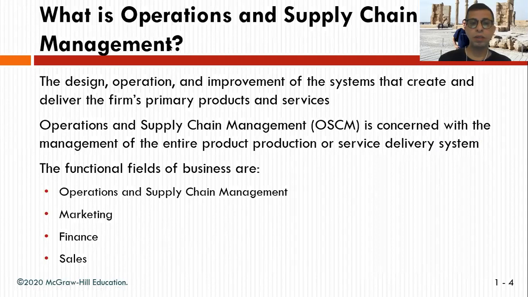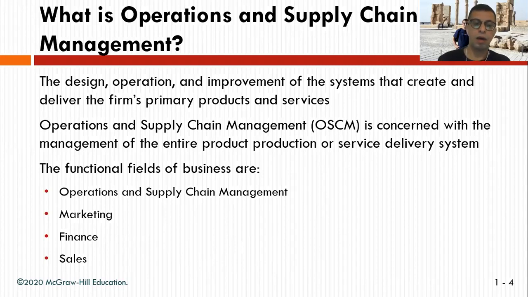So the question is, what is operation and supply chain management? The definition is the design, operation, and improvement of the system that creates and delivers the firm's primary products and services. So it could be a service or it could be a primary product. So the design, operation, and improvement of that system is part of supply chain management.